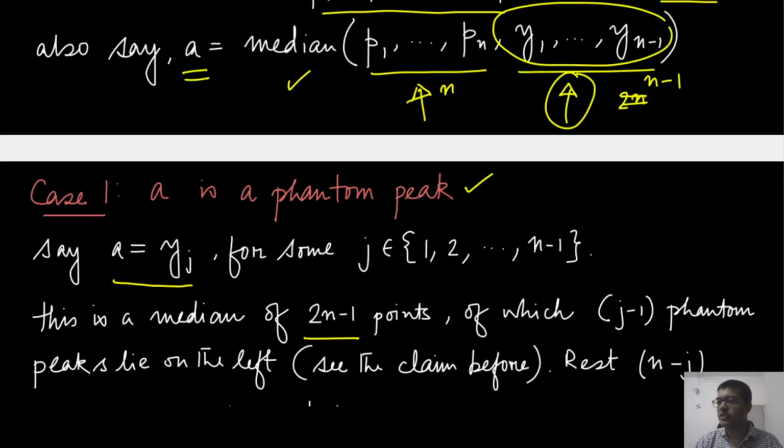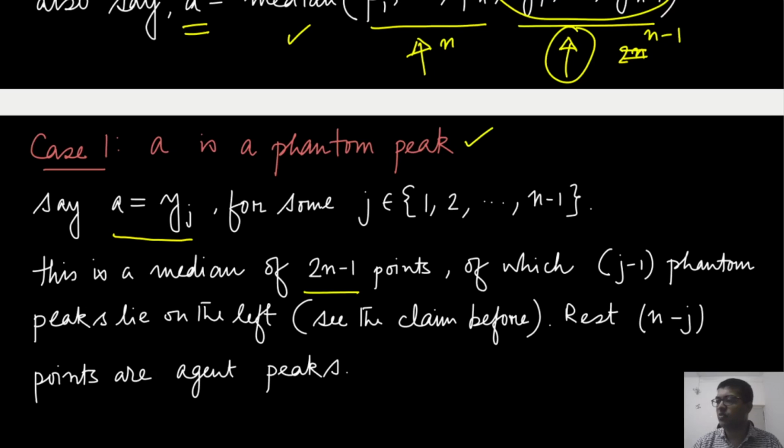Now, because of the previous claim that the yj's are always ordered, yj is less than or equal to yj plus 1, because yj is the median, all the previous j minus 1 should be living on the left hand side, right?